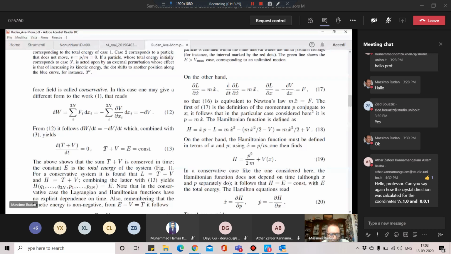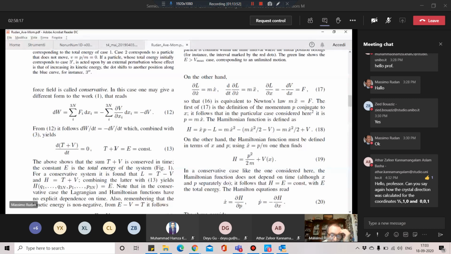although separately T depends on time because the velocity of the particle depends on time in general. And V also depends on time because V depends on the position of the particle, and the position of the particle also depends on time because the particle is moving.